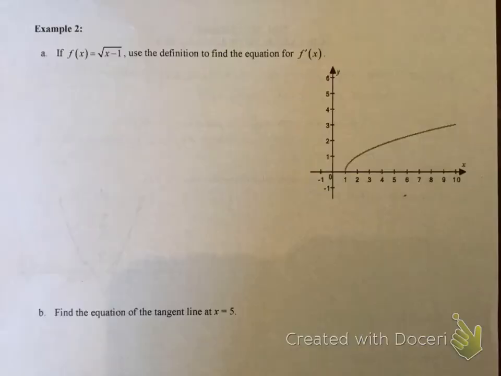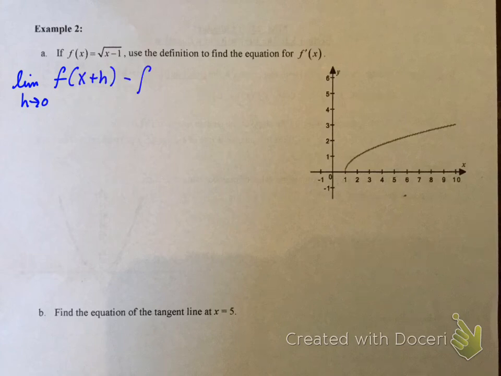All right, let's look at example 2 together. Same thing. If f of x equals the square root of x minus 1, use the definition to find the equation for f prime of x. Okay. So once again, the definition says limit as h is approaching 0 of the function of x plus h minus the function at x all over h.